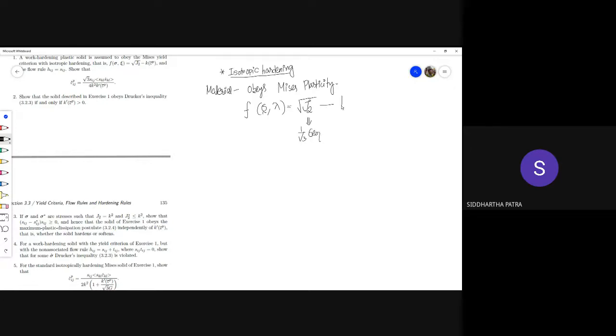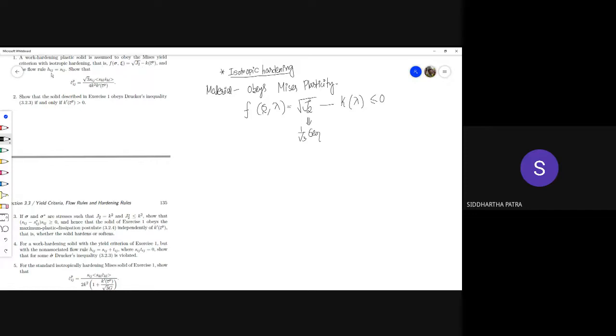And then you have your shear modulus as a function of lambda, and that has to be less than or equal to 0 every time. When it is deforming elastically, the inequality holds, and when it is deforming plastically, that's when the equality holds. So that's how you can interpret this first equation right here.